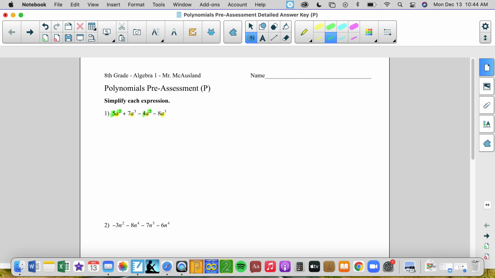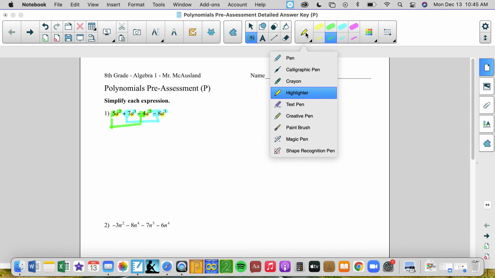And when we combine like terms, we're going to combine their coefficients. So those other a's are a to the third. And these are like terms because they have the same variable and exponent. So we will be combining these coefficients. So let's combine those.